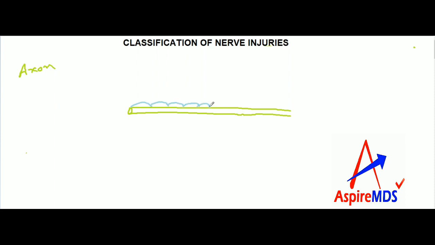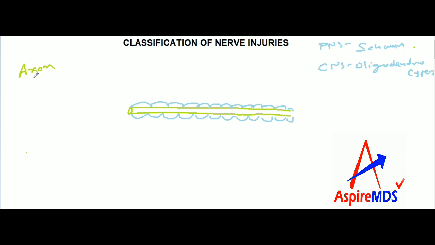There is an MCQ asked in exams: the myelin of the peripheral nervous system is made up of which type of cells? For the peripheral nervous system, the myelin is made up of Schwann cells, and for the central nervous system it is by oligodendrocytes. Okay, so remember this.